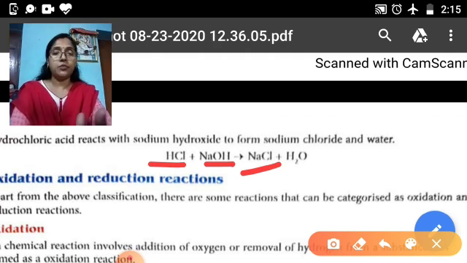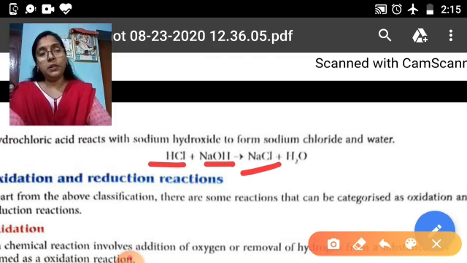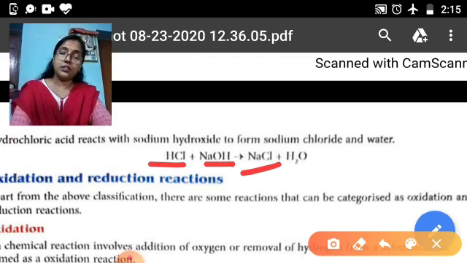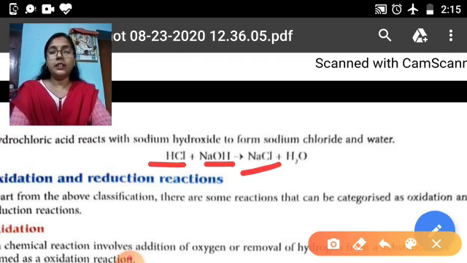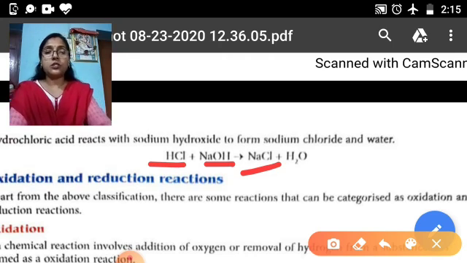Displacement reactions are of two types, that is precipitation reaction and neutralization reaction. In precipitation reaction, always the precipitate is formed, the insoluble product in the solid form, and it will settle at the bottom. Whereas in neutralization reaction, when acid and base react, they form salt along with water. So that's all for today.